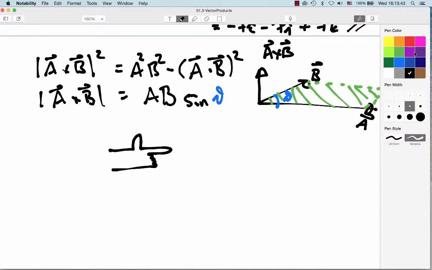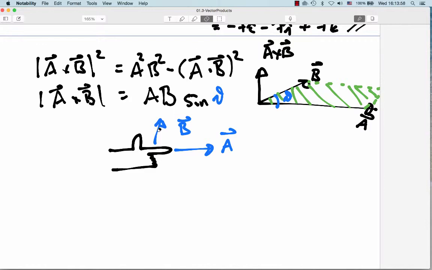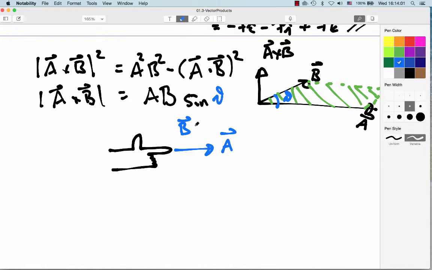So what you do is you put the first vector of the cross product on the index finger, so that would be the direction of A. The direction of B would be going into the page like so, and so then A cross B would sit on your thumb like so.